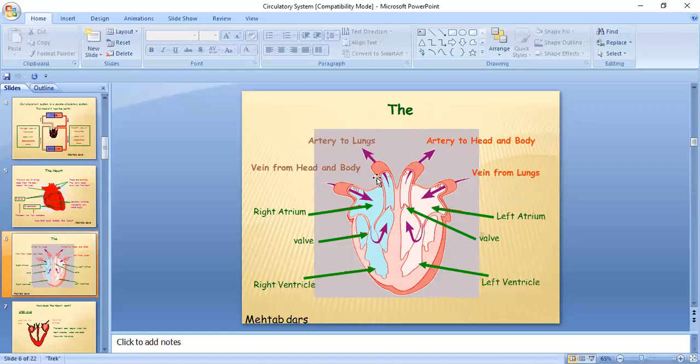Again, now you can see the vein from the head and body parts which carries deoxygenated blood, and the vein from the lungs which carries oxygenated blood. Here is the artery of the lungs which moves deoxygenated blood toward the lungs for oxygenation. And here is the artery to the head and body parts, so oxygenated blood moves from the artery toward the head and body parts.